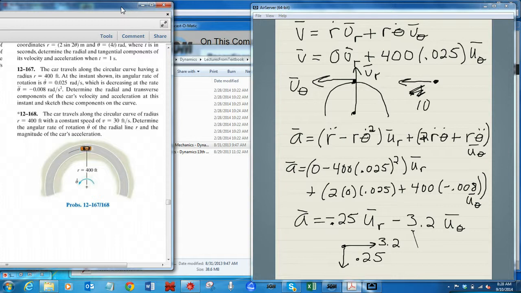What is the tangent acceleration? 3.2. That's the tangent direction. Is 3.2 speeding up or slowing down? Slowing down, because he was going 10 to the left and he's accelerating 3.2 to the right. If you wanted to be precise, you'd say he's decelerating. Decelerate simply means you're slowing down. Accelerate just means that you're changing your velocity.